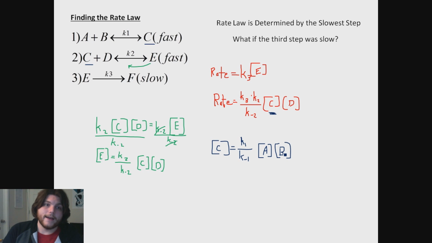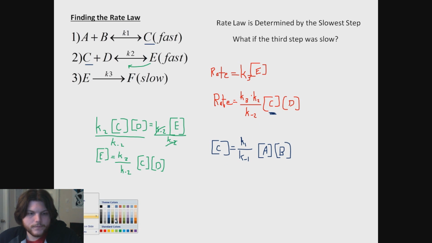That was done on the last slide. It's the same setup and everything. So once we have C, we can plug it in, and hopefully we'll end up with our rate law. Let's go back to red and sub this in.